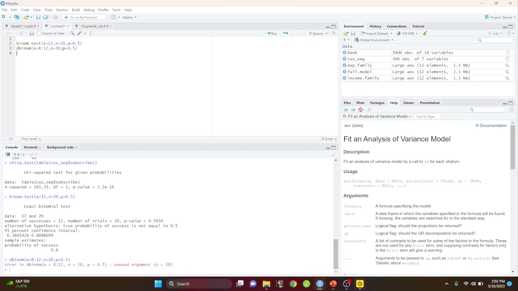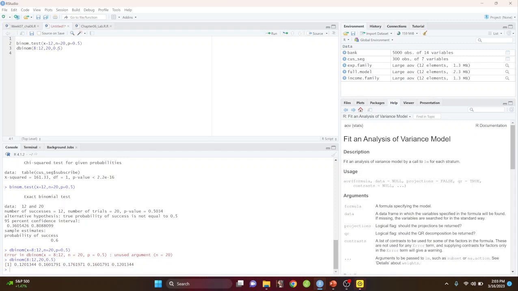And if you run this one, okay, what do I get here? Let's take this off actually. Yeah, let's run this one. Yeah, these are the probabilities that you get.